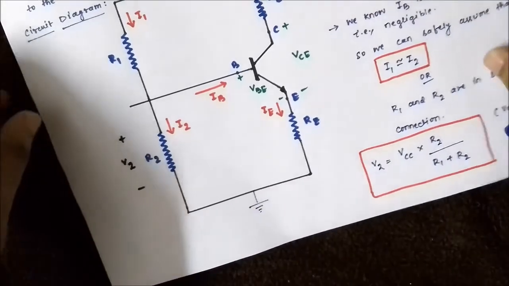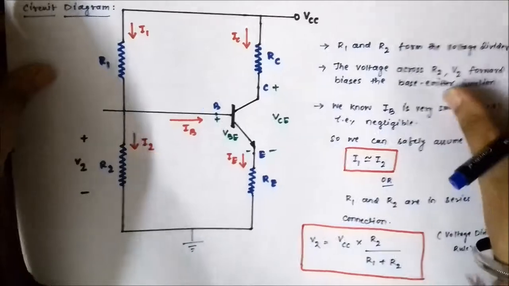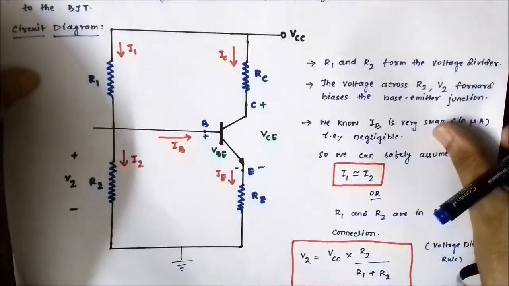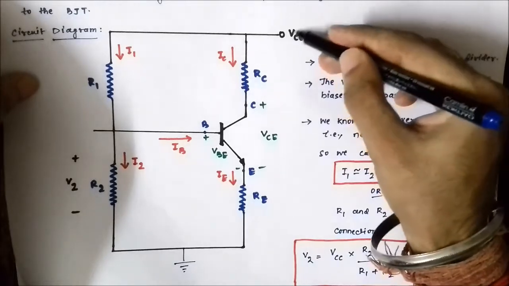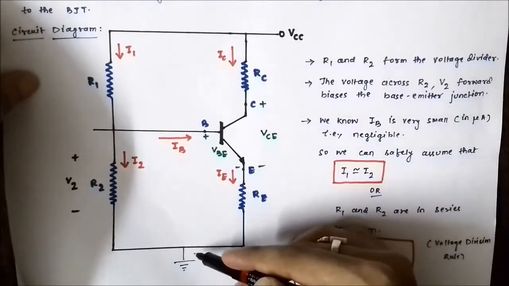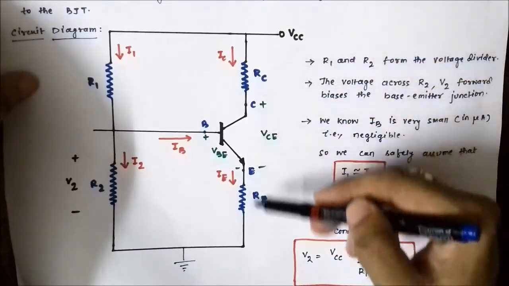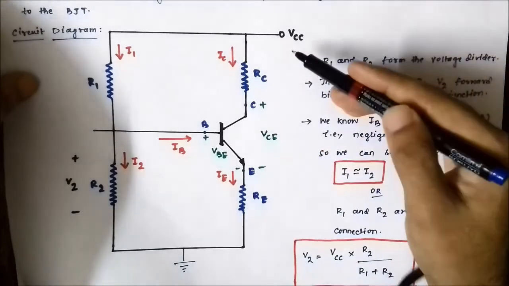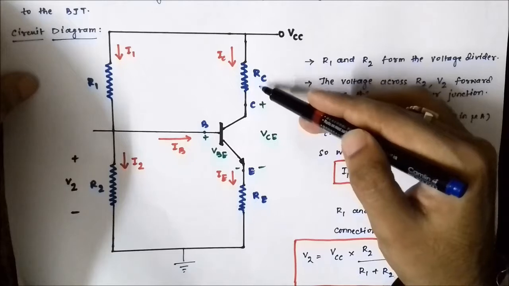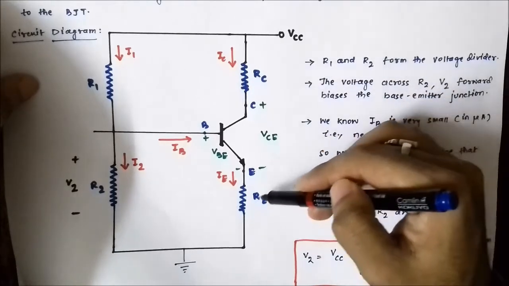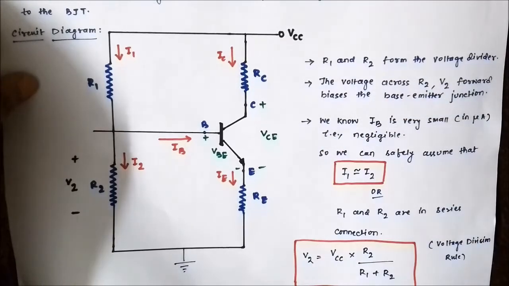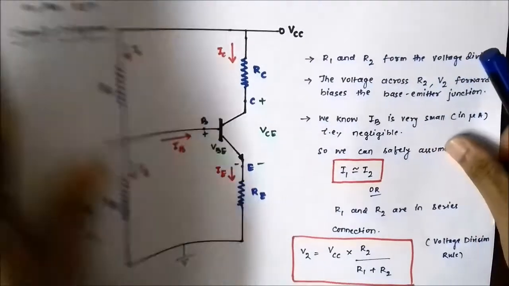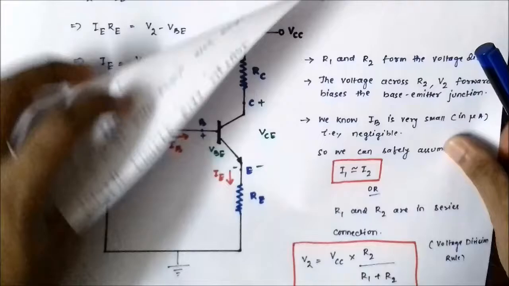It is not drawn normally because it is assumed that the students will understand. So we apply ground to ground KVL from VCC to this ground, and we got VCC minus ICRC minus VCE minus IERE is equal to 0. From that we will find out the value of collector emitter voltage.